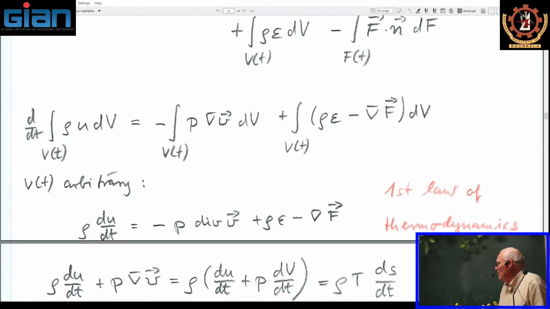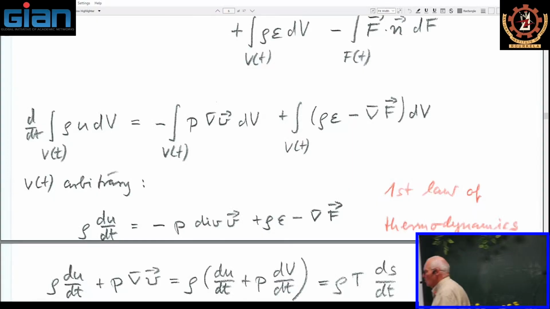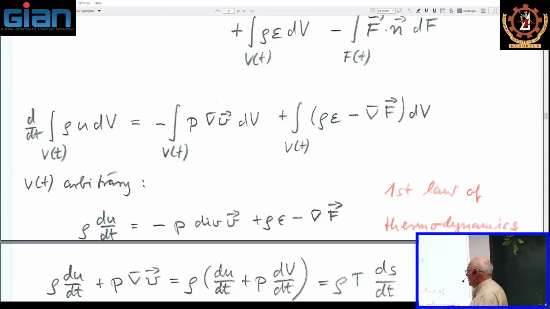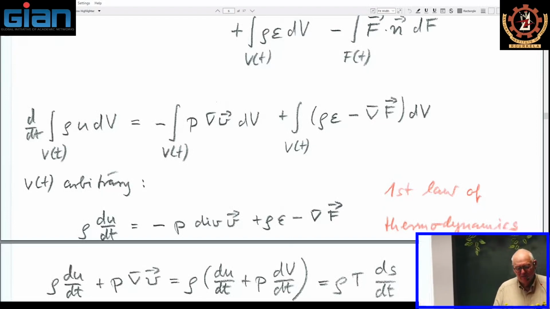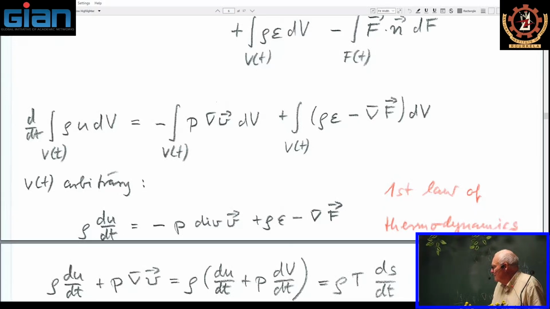So we end up with the first law of thermodynamics, or some version of it at least, which is suitable for using in a fluid mechanical environment or for stellar pulsations.